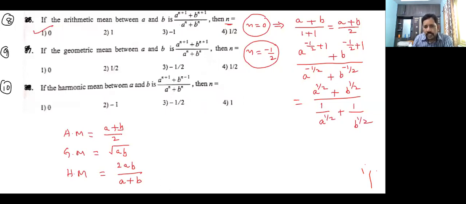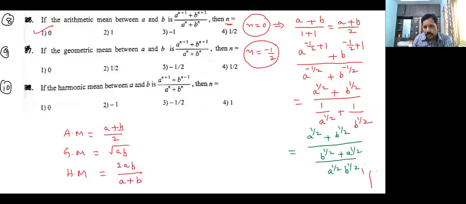Now take the LCM, numerator and denominator. Numerator no need to take, denominator we want to take. B power 1 by 2 divided by, whole divided by, this is a power 1 by 2 b power 1 by 2. Here we get b power 1 by 2 plus this is a power 1 by 2.